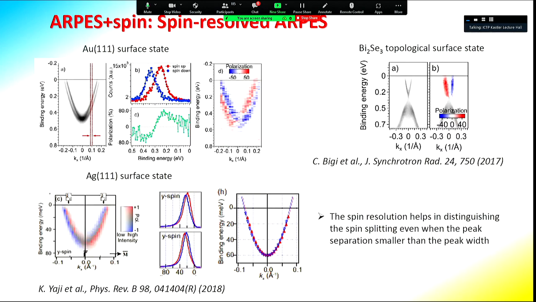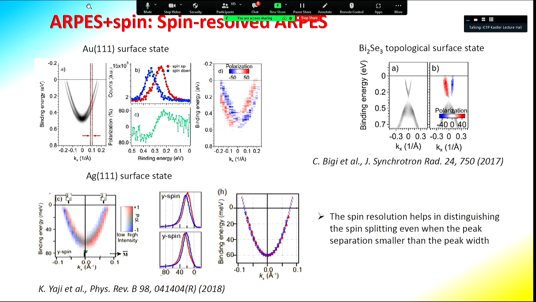It can be done in the form of angle-resolved photoemission together with spin resolution. The time required to take this type of map is much higher due to the sensitivity of spin-resolved ARPES, like this might take several hours with respect to several minutes.